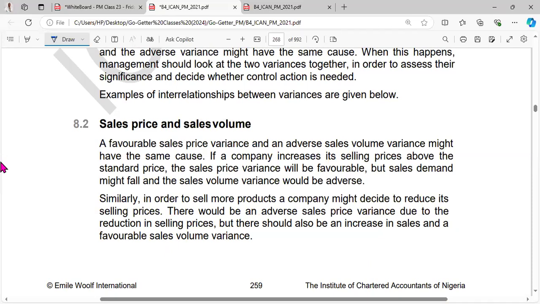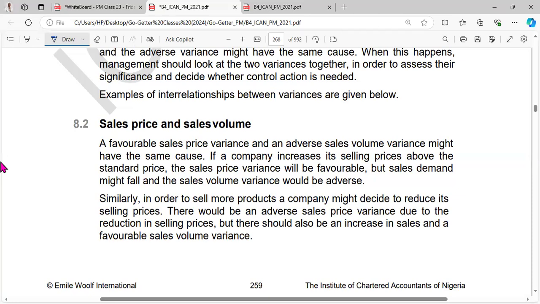But because your price has gone up, your volume of sales will come down. So the economics says the higher the price, the lower the demand, or the lower the demand, the higher the price. And so they are inversely related. So if your price is high, there's a tendency your volume will be low.